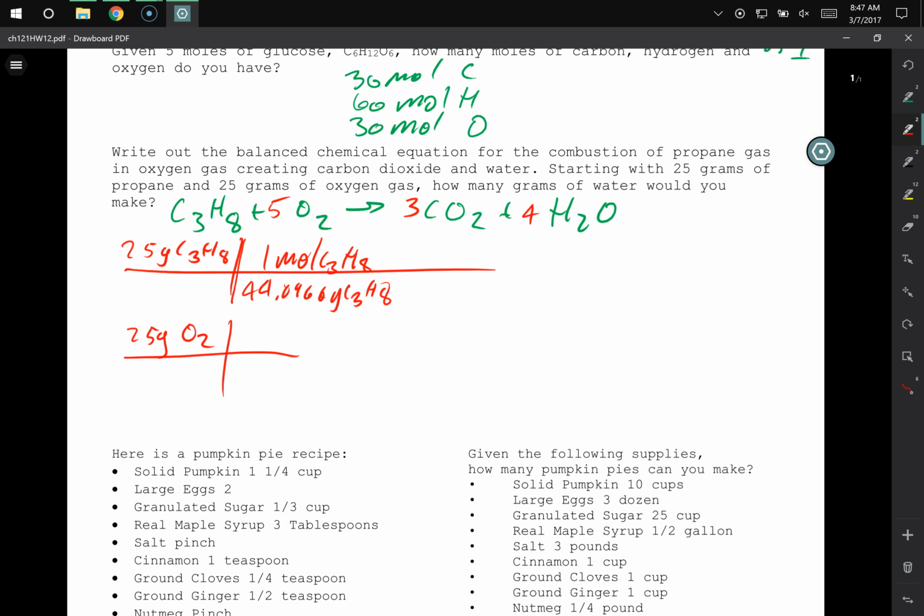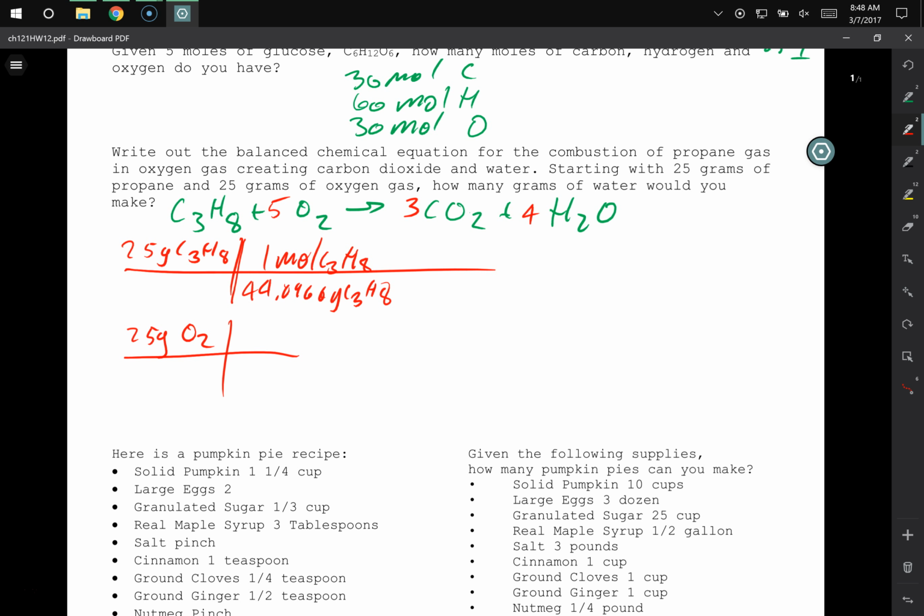So what I'm saying is, if you had 44 grams of propane, you'd have what? You'd have 1 mole of propane. You'd have 6.022 times 10 to the 23rd propane molecules. So doing this first conversion, what have I now done? I have a mass of propane, and I do this conversion, and what do I get out of it?